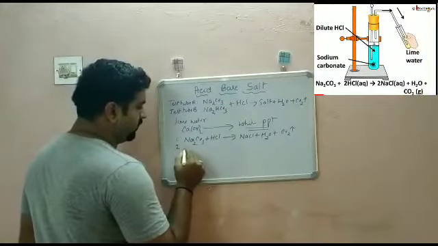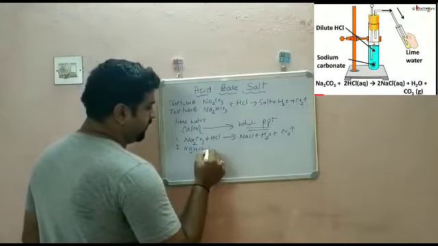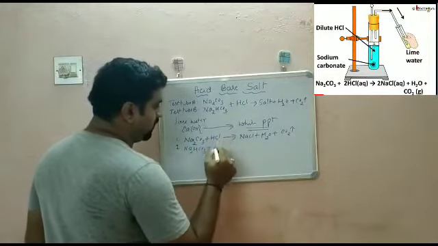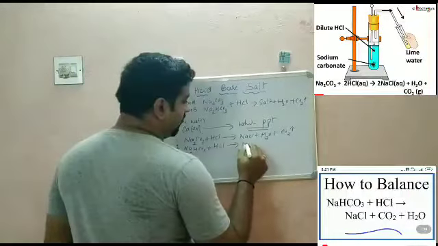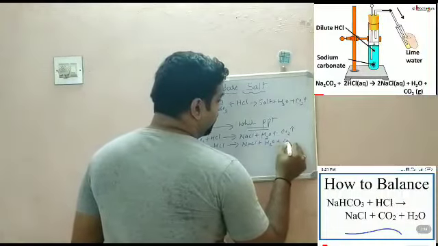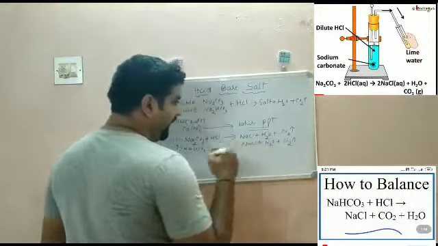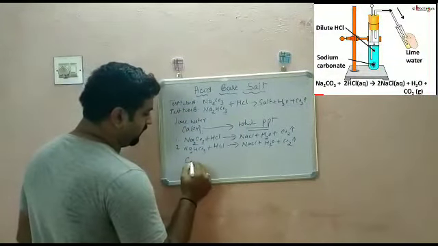The second one is NaHCO3. Again I will take it with the hydrochloric acid. It gives again the same products, sodium chloride, water and carbon dioxide. And this carbon dioxide gas, as I said, we are passing through calcium hydroxide.